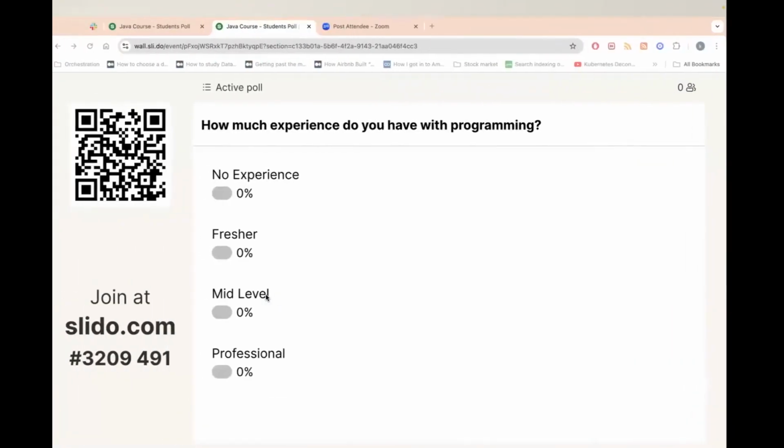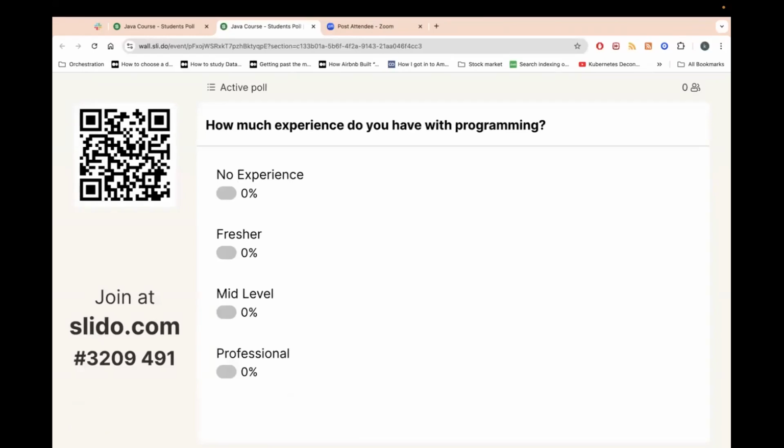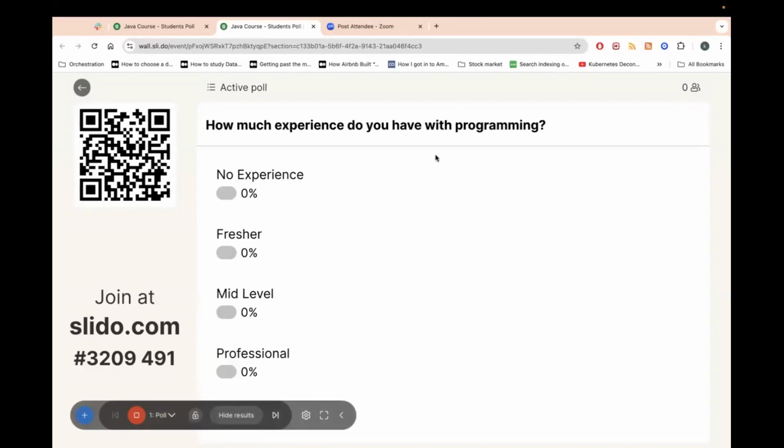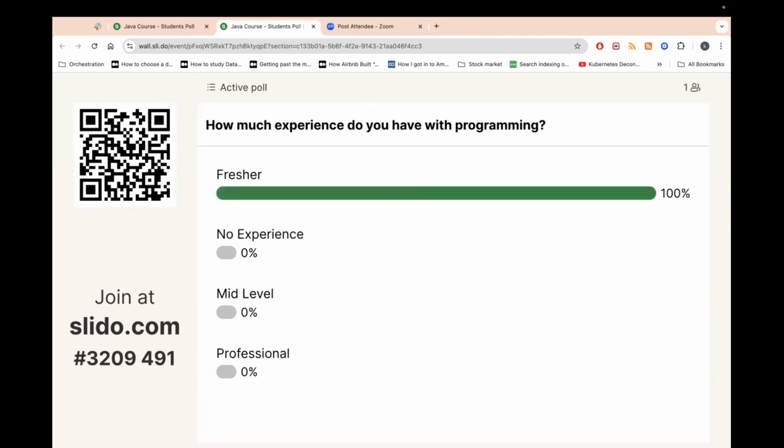So let's see the results here. Once you do this, we will be able to see how many people have participated. If you are facing any difficulty, please speak up. One of you has done it. Can I expect a few more?